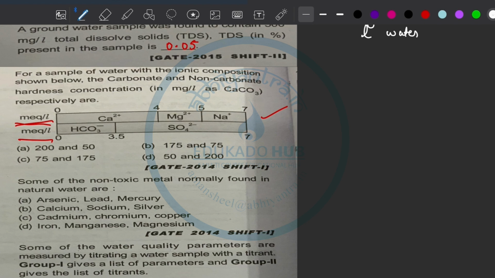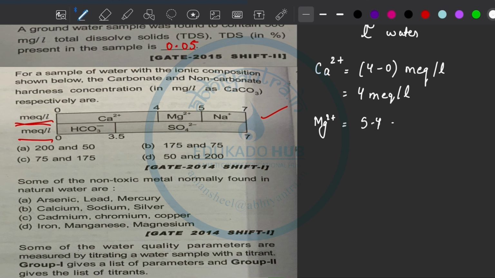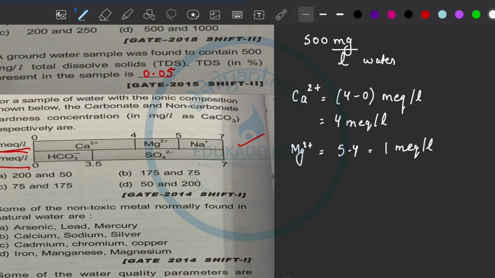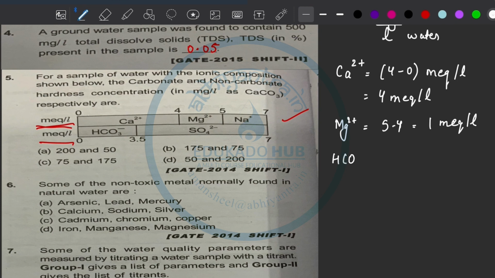the Ca2 plus ion concentration is 4 minus 0 milli equivalent per liter, that is 4 milli equivalent per liter, and Mg concentration is 5 minus 4, that is 1 milli equivalent per liter, and HCO3 minus concentration is 3.5 minus 0, that is 3.5 milli equivalent per liter.